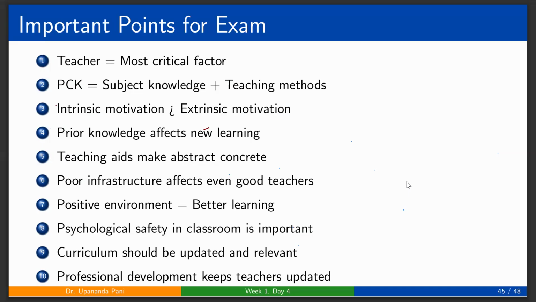Teaching aids make the abstract concrete; they help convert an abstract idea to reality. Poor infrastructure will affect learning even when good teachers are there. Positive environment means better learning opportunity. Psychological safety in the classroom is very important. Curriculum should be updated and relevant. Professional development keeps teachers updated.